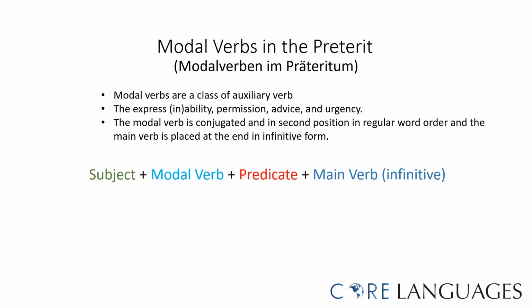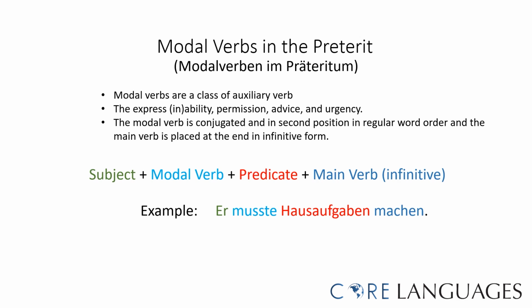And the main verb, or the second verb, the verb that the modal verb is modifying, is placed at the end of the sentence in its infinitive form. For example, er musste Hausaufgaben machen. He had to do homework. Musste is the modal verb in the preterite, and machen is the second verb or the main verb at the end of the sentence.